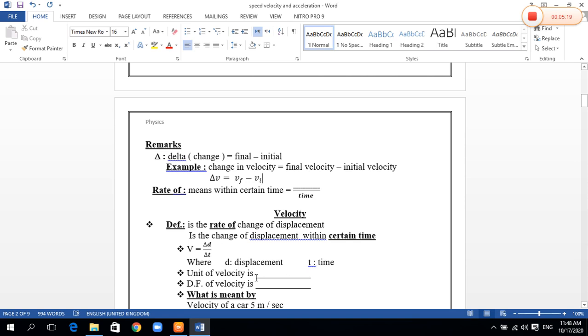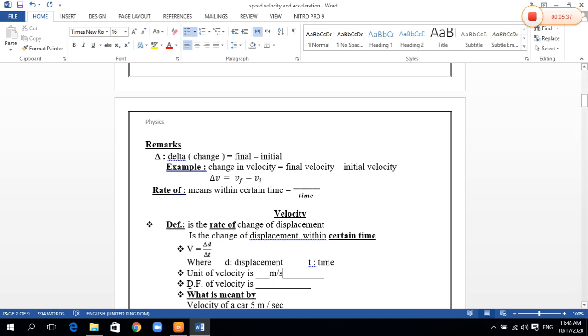The unit of velocity is meter per second, written like that.